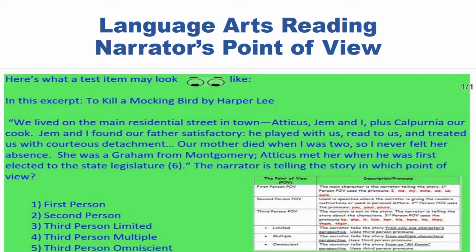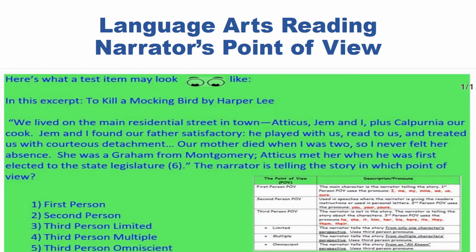So you will get information about what the characters are thinking, how they're feeling, and so on. In this particular point of view, the narrator also will share his or her perspective about the story as well. We usually identify this point of view as being told from God's point of view.